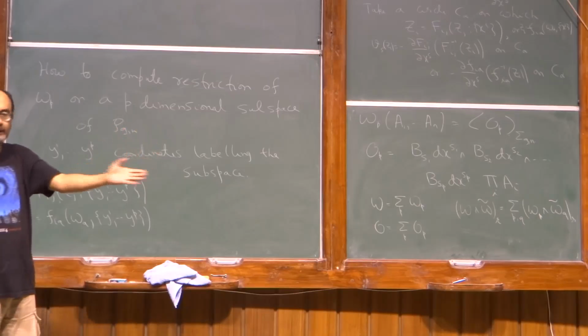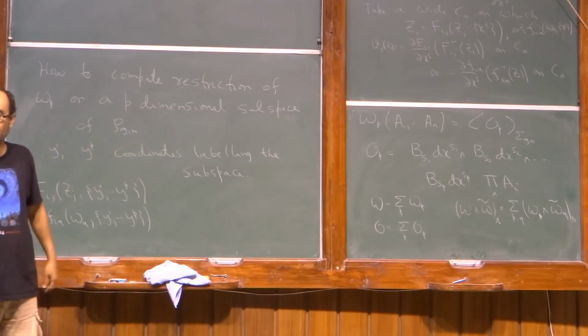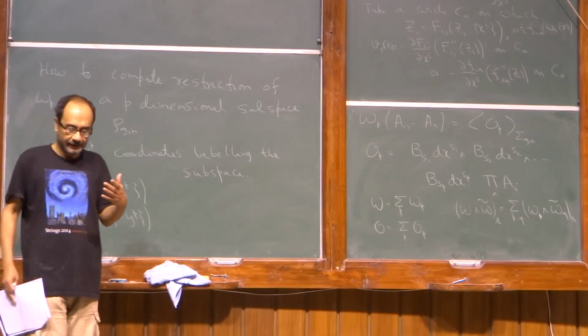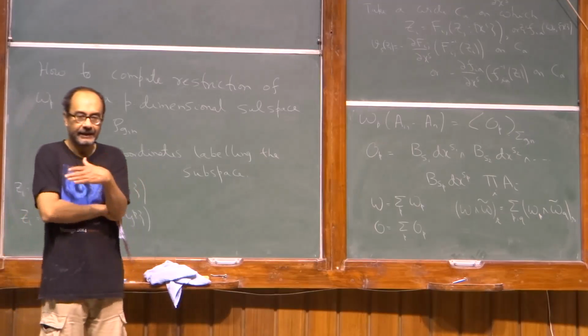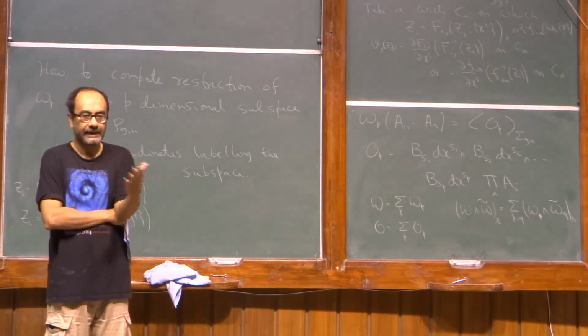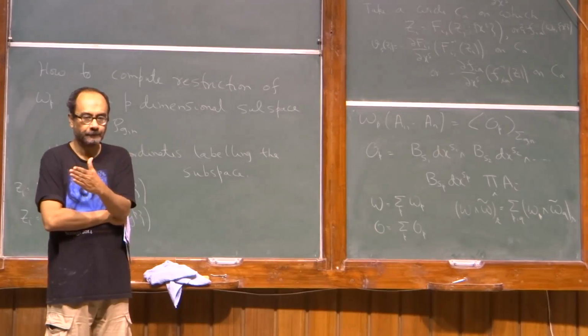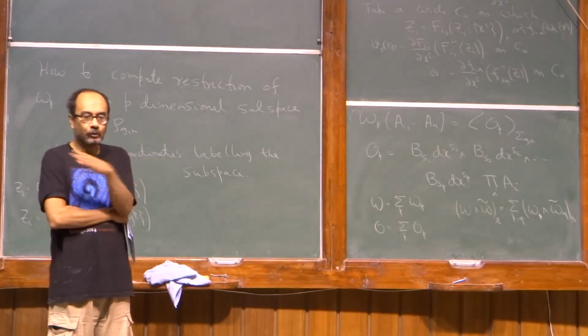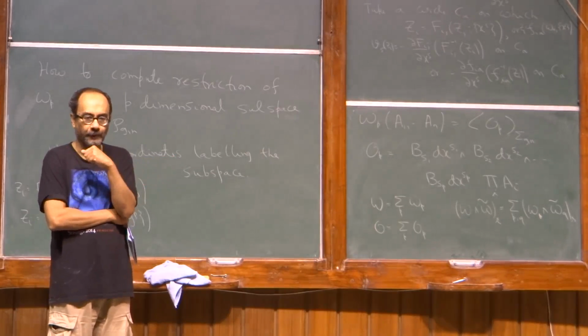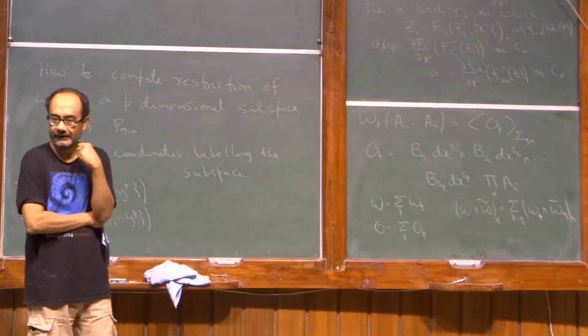That was a two-dimensional subspace of P04. I was thinking of this more as a section rather than a parameter space of MGN, because I also gave the choice of local coordinates, the relationship between z's and w's. So it was a two-dimensional subspace of P04, which is a section.